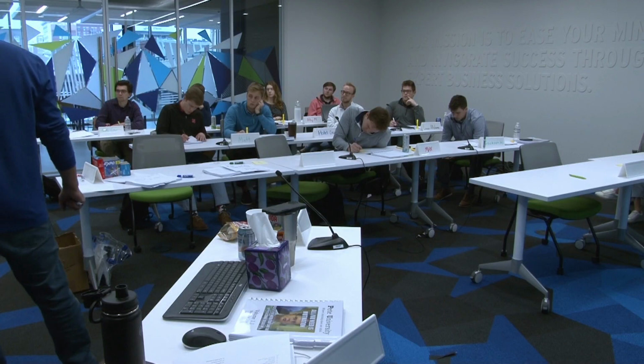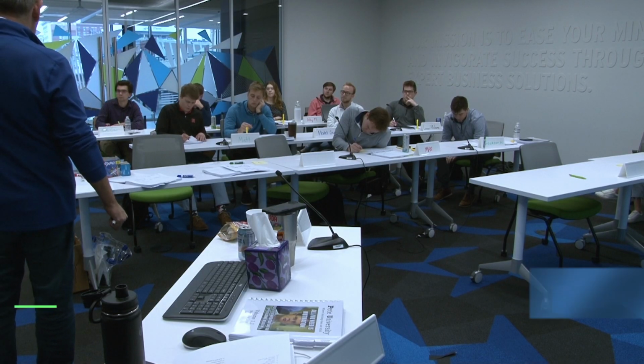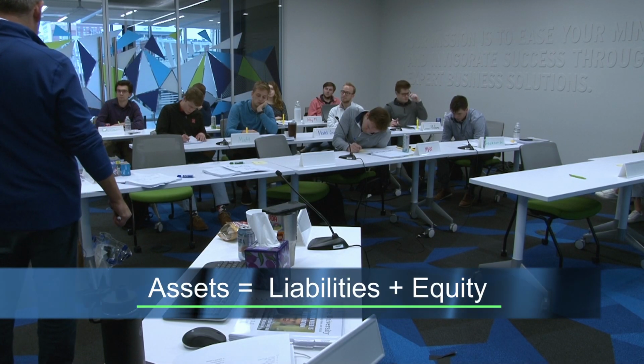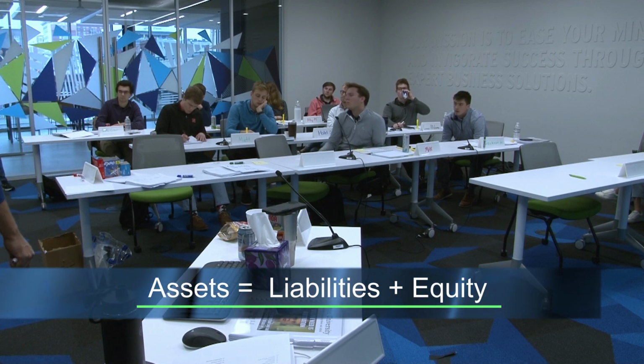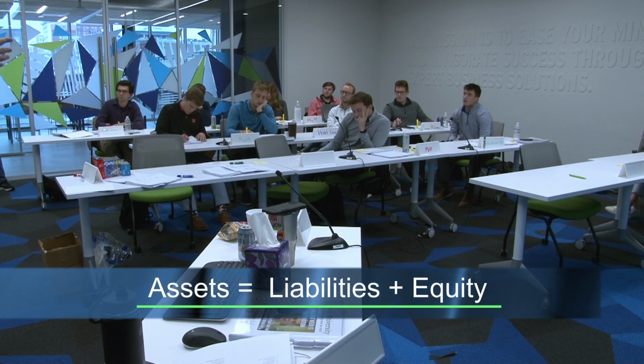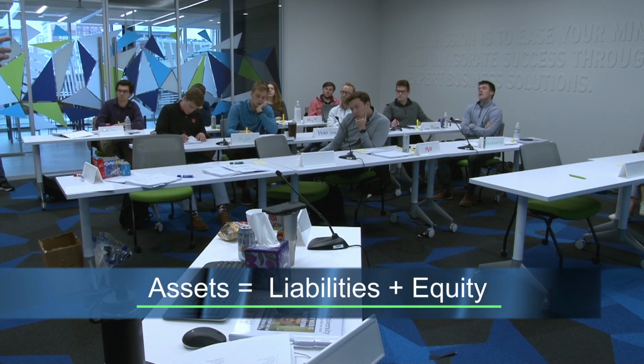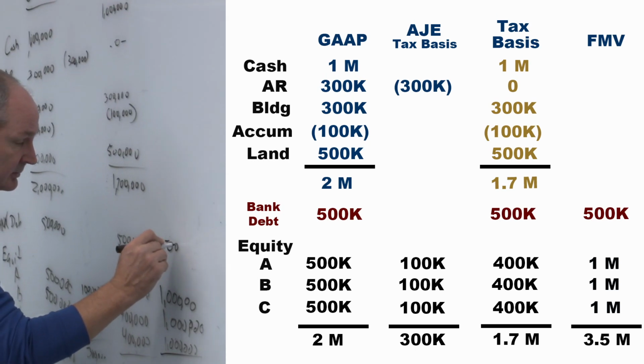Okay, so the accounting equation is assets equal liabilities plus equity, right? Connor got us to the equity section by inferring what it should be based on the $1 million buyout that we're going to give one partner. Is that what happened? Yes. It is. So then the liabilities are 500.